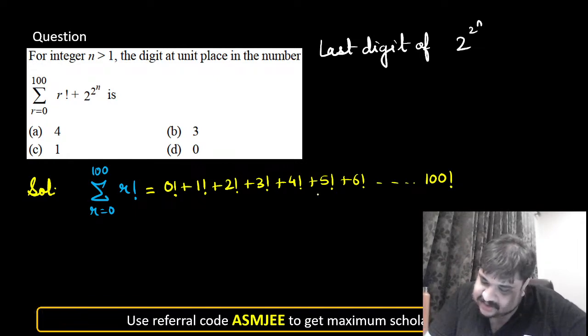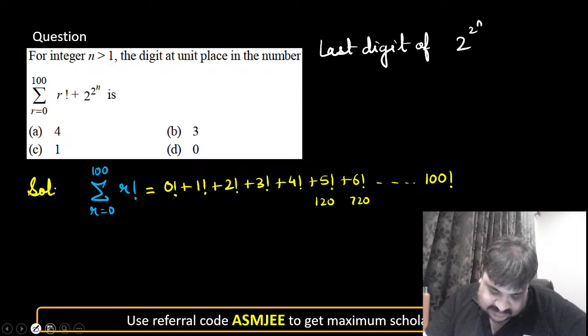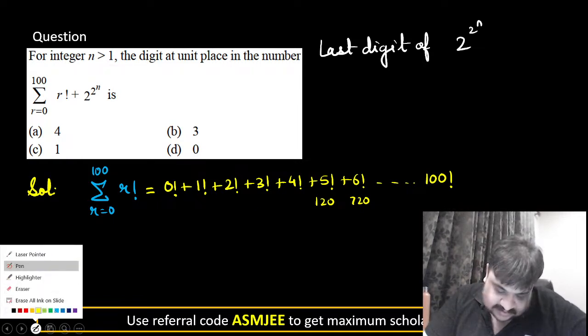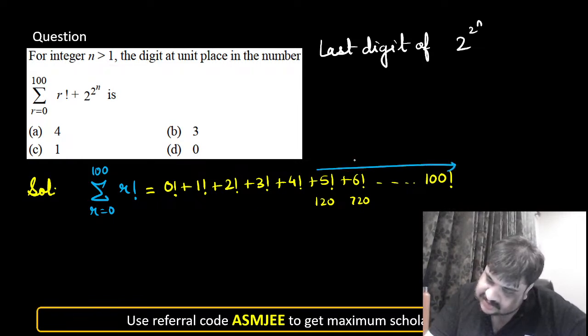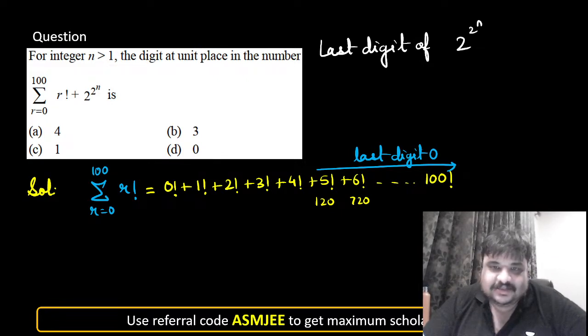Understand, 5 factorial is 120, 6 factorial is 720. The last digit of all these factorials will be 0.